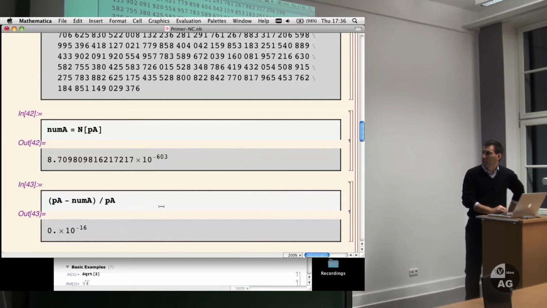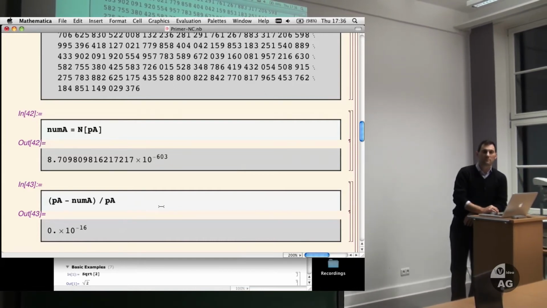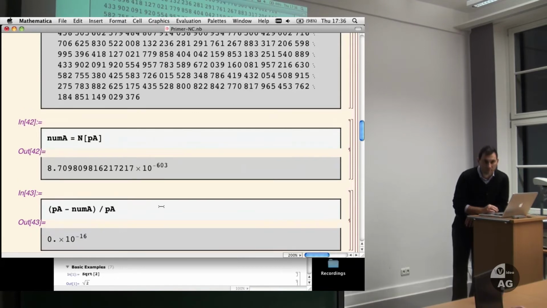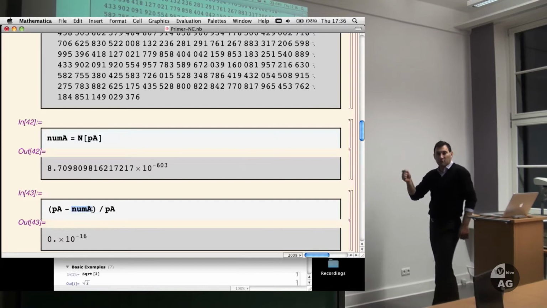Okay? Very good. Does Mathematica convert the exact number to float to do the subtraction? Say it again. It seems okay, there's num A, that's the float number. Does it convert it to high precision to match the precision of PA? No, that's exactly what I'm showing. Num A is a floating point number.